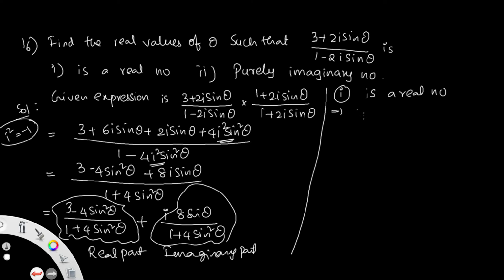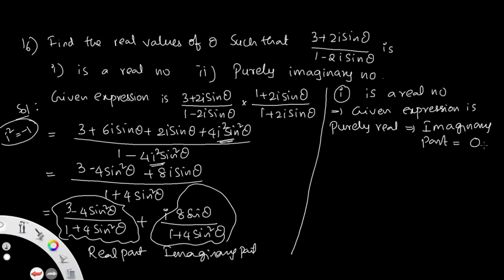So the given expression is purely real, which implies the imaginary part is 0. Therefore the imaginary part 8 sin theta divided by 1 plus 4 sin square theta equals 0. Cross multiplying, we get sin theta equal to 0.